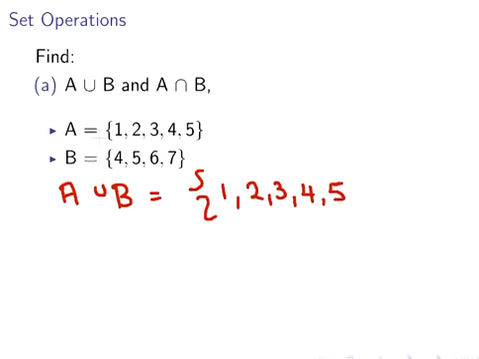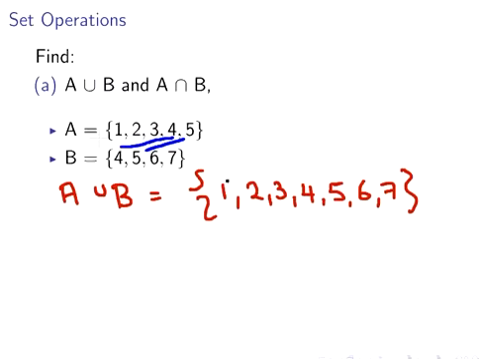And what we're going to do is point out that 4 and 5 are in both, so we don't need to mention them again. So let's write in the remaining elements of B that are not yet mentioned, and they are 6 and 7.